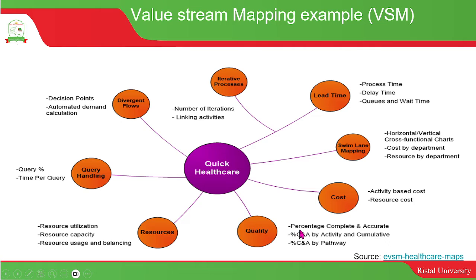And then quality, we look at percentage complete and accurate, completeness of an activity, and cumulative, and then also we look at completeness by pathway.